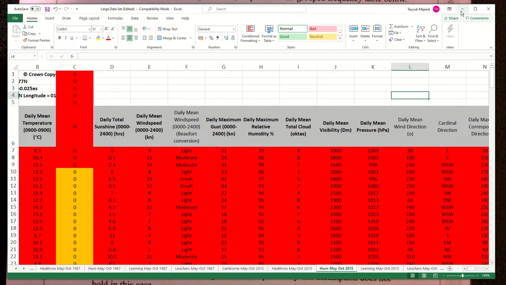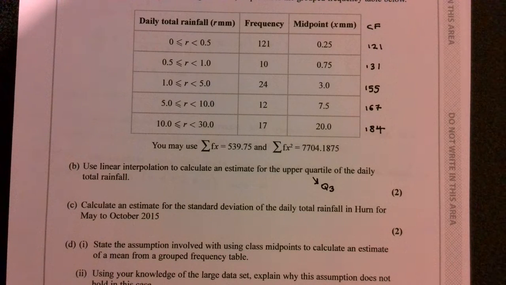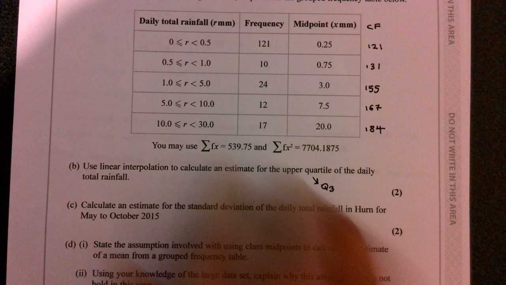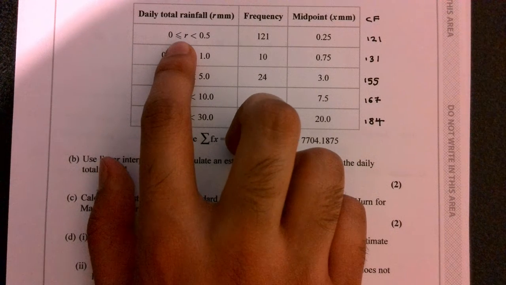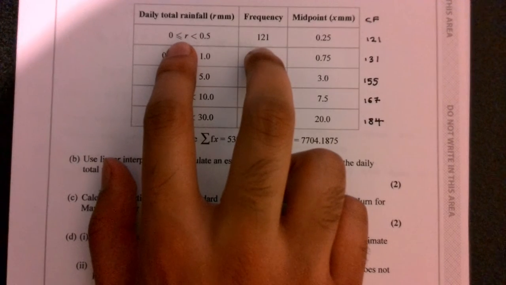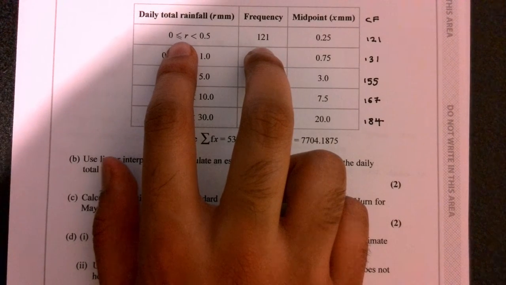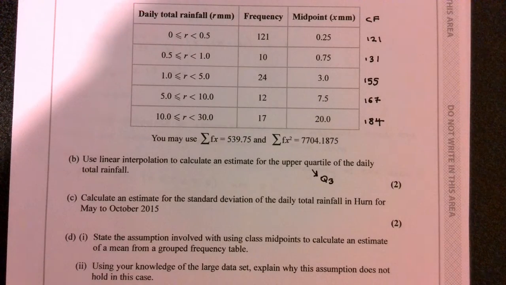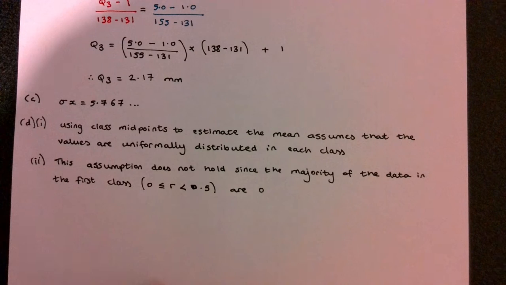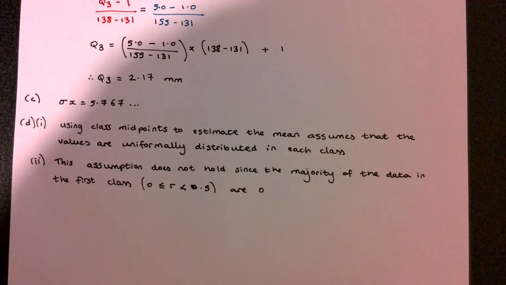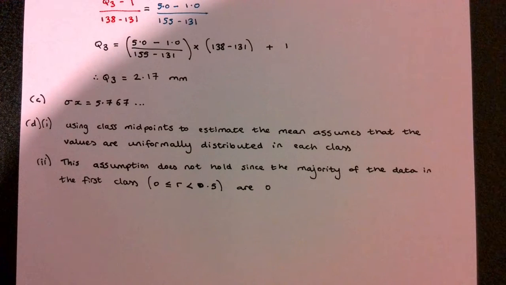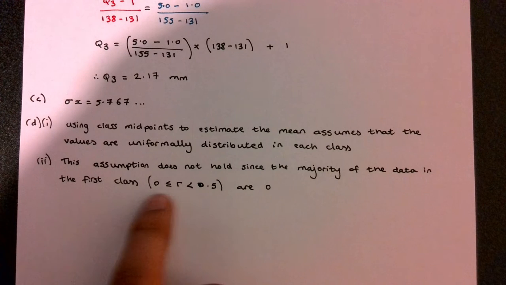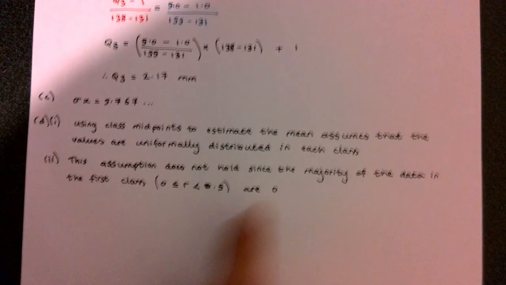So because of that, that assumption does not hold, because in this first category, as we just saw, the majority of those pieces of data are zeros. So in terms of what that means in words, this assumption does not hold since the majority of the data in the first class, that being this one, are 0.